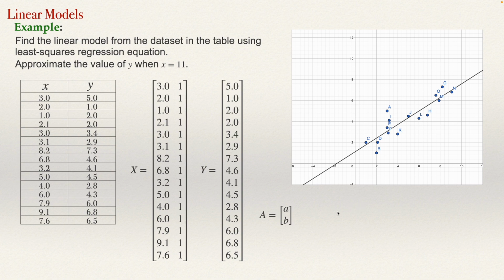And I know that there is a formula to find it. It's just the inverse of x transpose multiplied by x, and that inverse multiplied by x transpose y. If we have software that can compute the transpose, the inverse, and matrix multiplication, this is just one line.